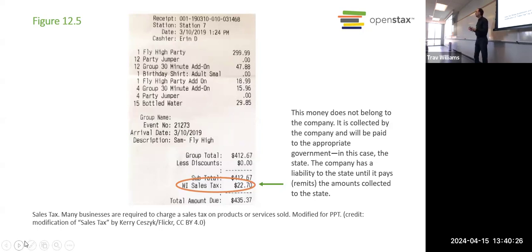I know there are some cities where if you go to a restaurant and you get takeout versus eating in the restaurant, one is taxable, one's not taxable. I don't remember even which is which, but it just kind of depends. But in general, products are usually taxed, the sales tax. Services typically are not.